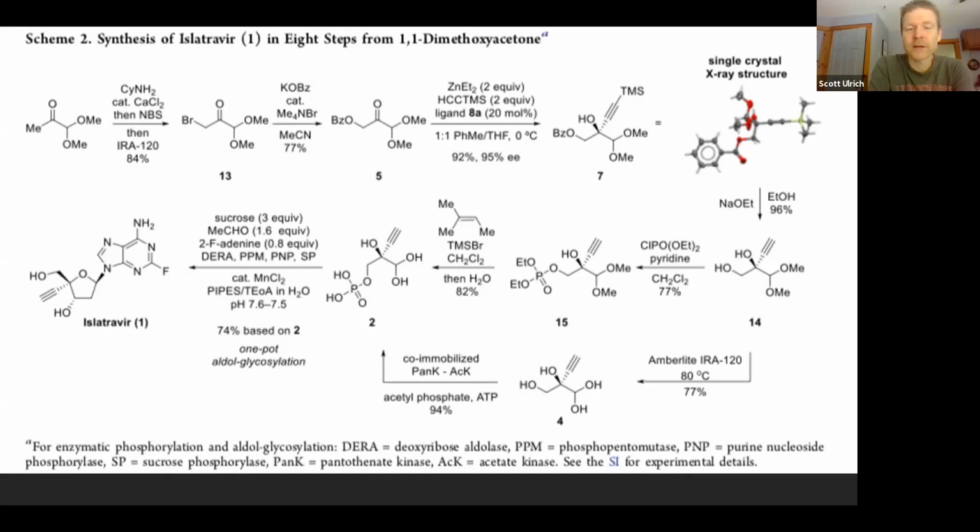Beads are nice because you can get rid of them easily by filtration, and that's probably the biggest advantage actually. They're just really easy to work with. Certainly in this case, I think that's why you would use an Amberlite bead or put enzymes on a bead.